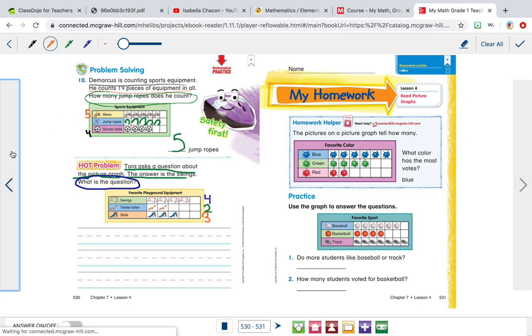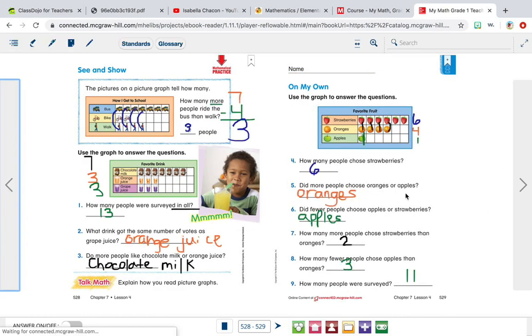And remember, if we look over here at our old one, they said, look at the questions where the answers are words. Some said, did more people choose oranges or apples? Obviously, the answer is oranges. So that's a question where the answer was a word and not a number. Here's another question where the answer was a word and not a number.